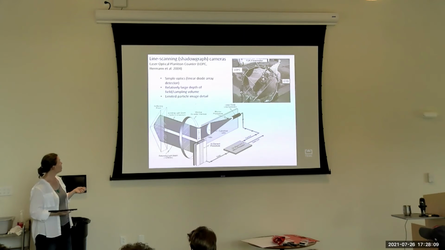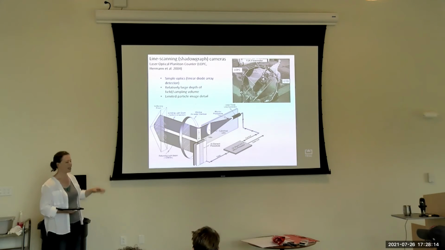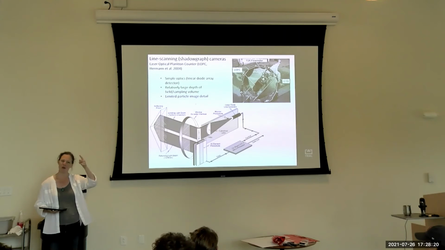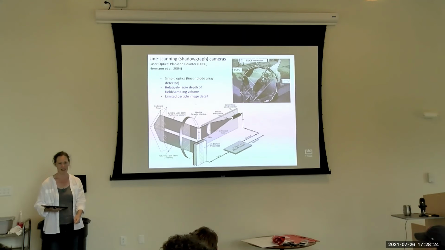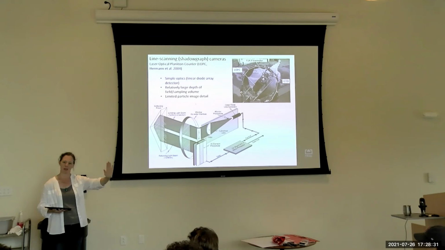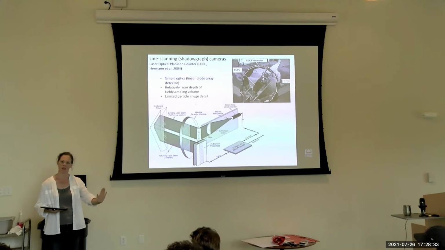So the laser optical plankton counter is one example of this, and it's a very simple system in that it's really only a one-dimensional detector. It's a line of detectors, so a linear array, and a light source, like a sheet light source, is passed through the sample and impinges on the detector array.